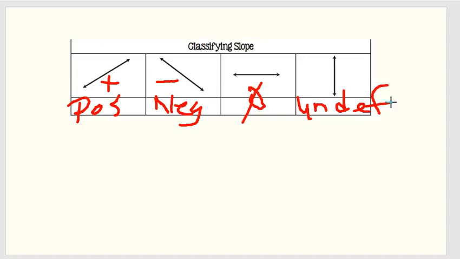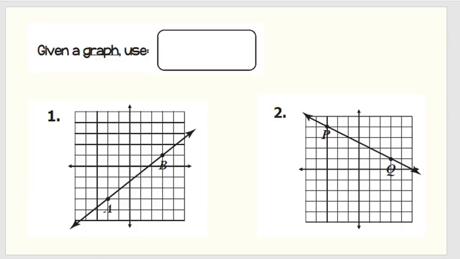So the first one is, hold on. Turn that off. There we go. Here we go. So if you're given a graph, how you solve it depends on what kind of problem you're starting with. When you're given a graph, you're going to want to use the rise over run, or change in y over change in x, which is probably better.